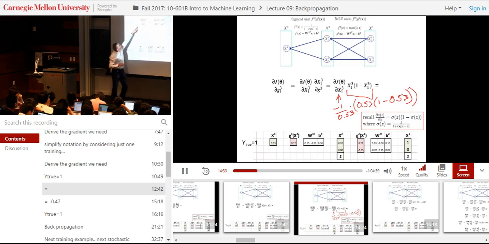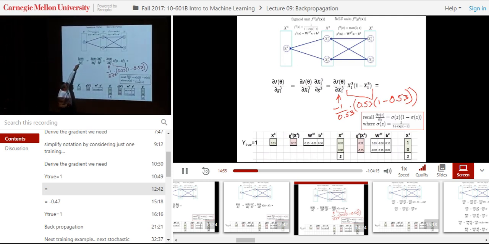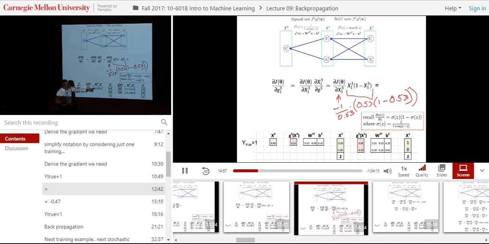Next, I want the derivative of my cost with respect to, let's say, this parameter here. How am I going to get that? Right, so now all I have to do if I want the derivative with respect to this, again, I'll use the chain rule. I'll say that's just the derivative with respect to G3 times the derivative of G3 with respect to this weight.